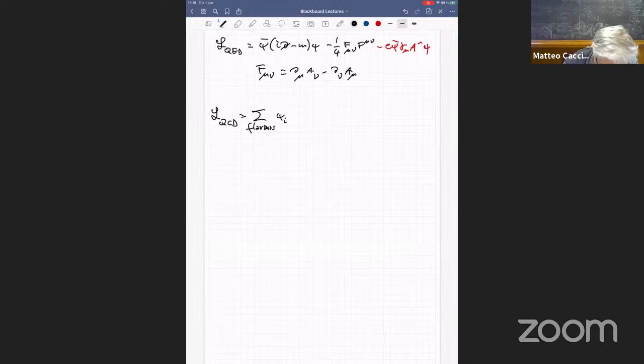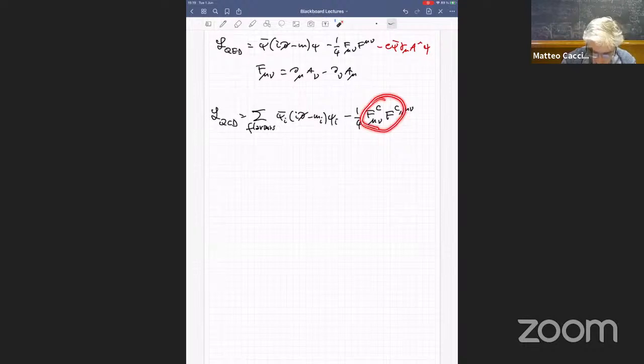This is psi_i bar (i d-slash minus m_i) psi_i, the different quark flavors. Then there is minus 1/4 F_mu nu^c F^mu nu c, the freely propagating gauge fields, the gluons in this case. The index c tells you that there are more, and I'm always using Einstein notation for summation over repeated indices. So this is a sum of terms where c runs from 1 to 8.